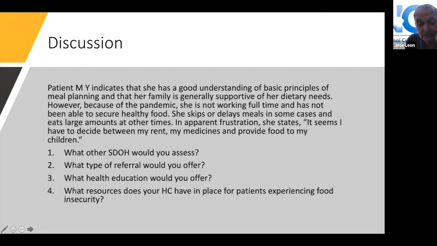Anybody who would like to chime in and provide your experience with patients affected by food insecurity, and what other social determinants of health you would like to assess, in addition to the ones we have mentioned, housing or education or access to programs, whatever you have been doing for these patients.